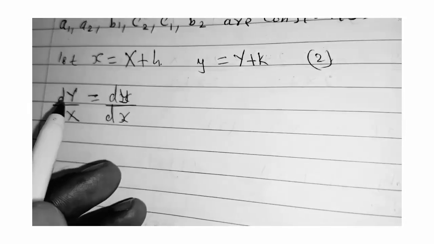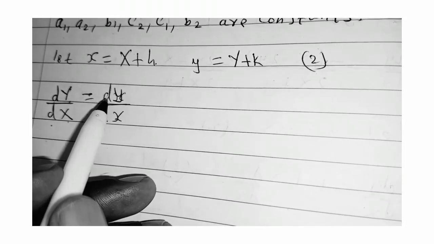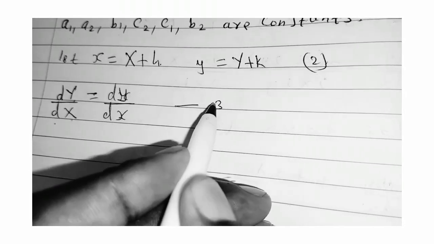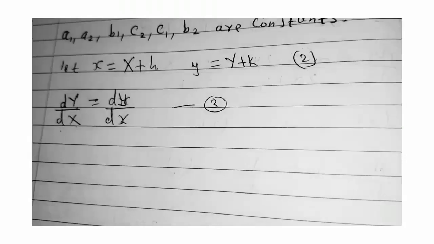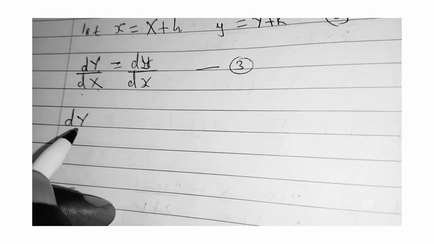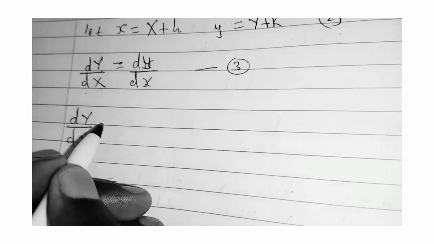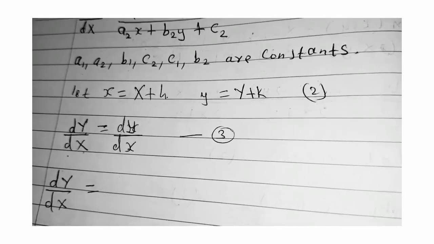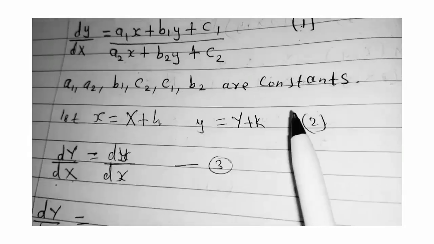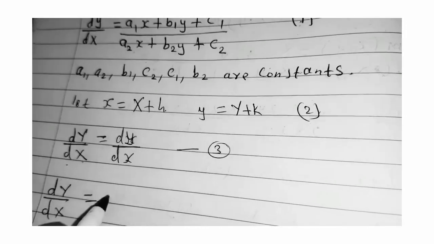That way, dY over dX is equal to dy over dX. You call this equation 3. Then our dY over dX is equal to, we substitute equation 2 in 1 to obtain the following.